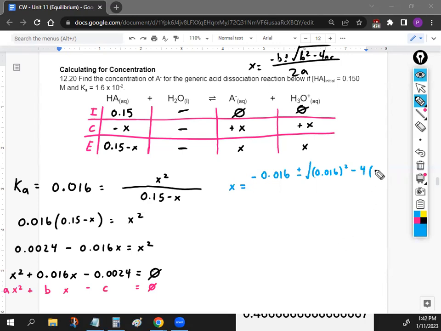It's x squared, but the coefficient is 1. When we plug numbers into the quadratic, we don't plug in the x's anymore because we're solving for x. And then c is going to be negative 0.0024. Isn't this fun, guys? And that's all over 2a, which is 1.